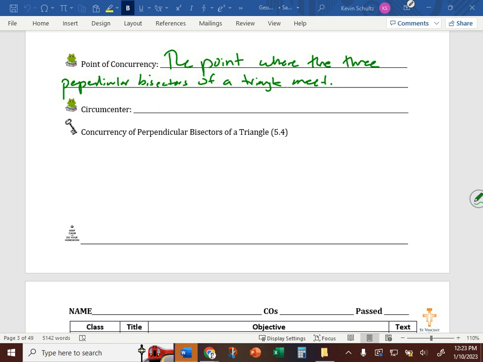So if you were to take each side of a triangle and construct the perpendicular bisector for that side, and draw it in, they're going to meet somewhere inside of the triangle, yes? That is called the point of concurrency: the point where the three perpendicular bisectors of a triangle meet.